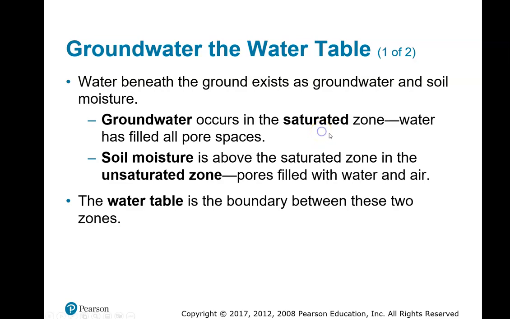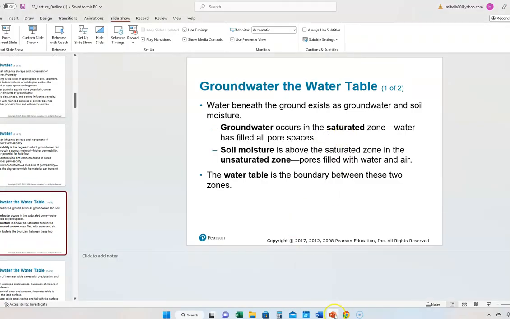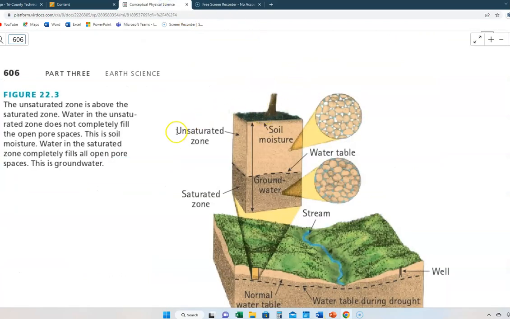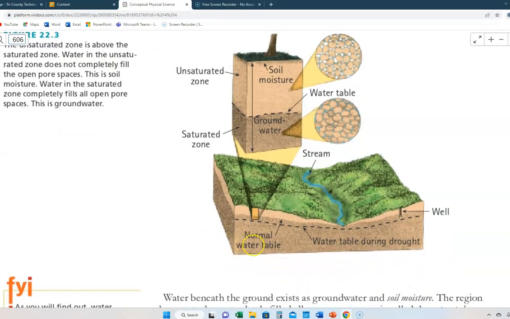All right, let's take a look at it through a picture in your textbook. This is just showing you a blow up of the soil underneath the ground. And so the shaded area is the saturation zone. And right at the top of that, that's the water table.